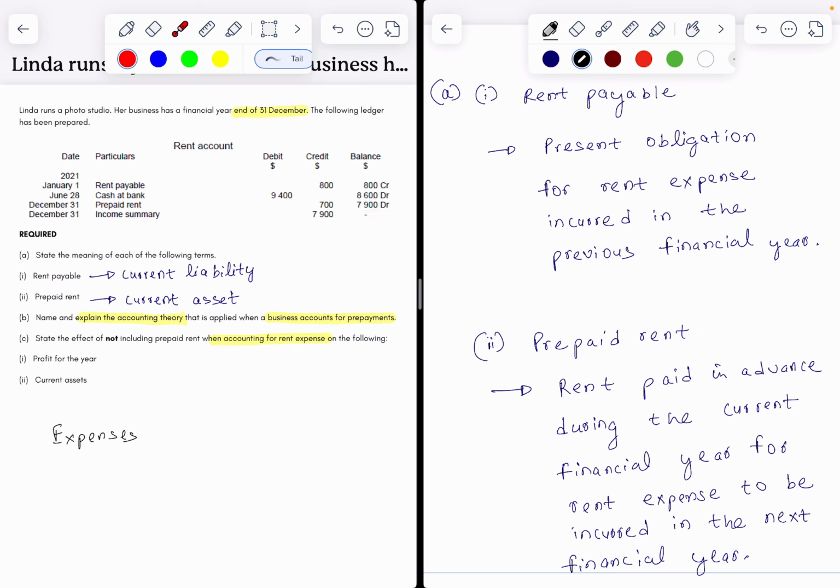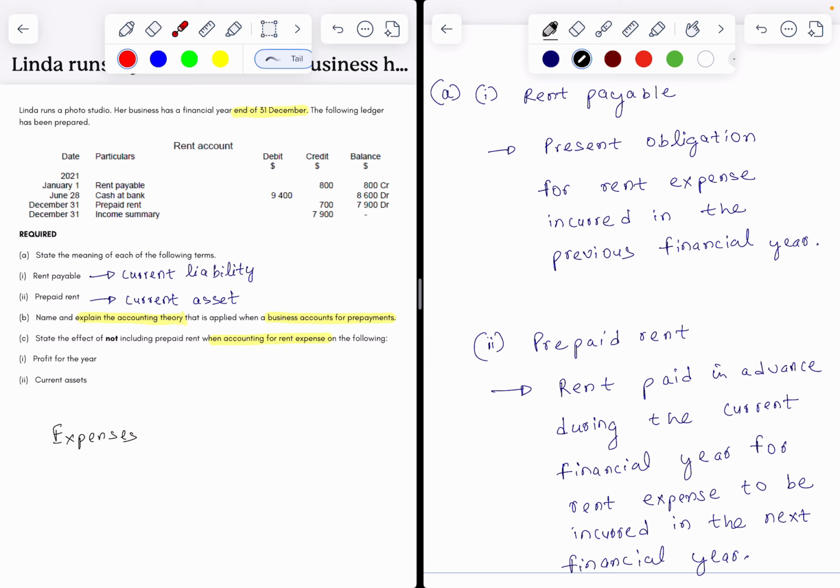Okay. What we also know is that we ultimately want to end up with a net balance of zero for any expense and income ledger accounts, mainly because we want to start a new financial period with a zero balance for expense and income, so that we can correctly match the relevant expenses against the income and determine the profit accurately.